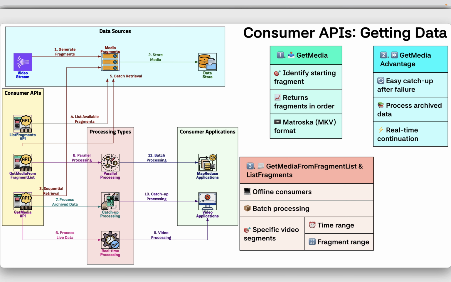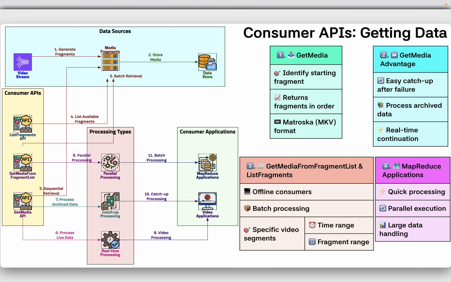They enable applications to identify specific video segments by time or fragment range and fetch those fragments for processing. The approach used by GetMediaForFragmentList and ListFragments is good for MapReduce applications that need to process large amounts of data quickly and in parallel.